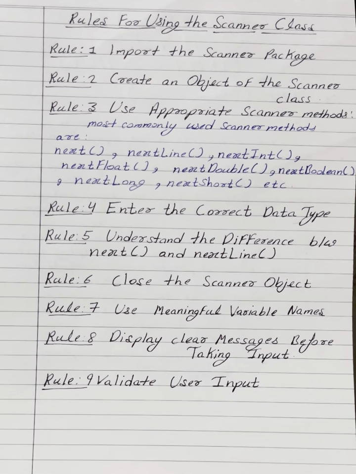Next rule, using meaningful variable names, because meaningful variable names make the program easier to read and easier to understand. Like if we just write, imagine, Scanner a equals new Scanner, and in brackets you write System.in, then there will be no sense.